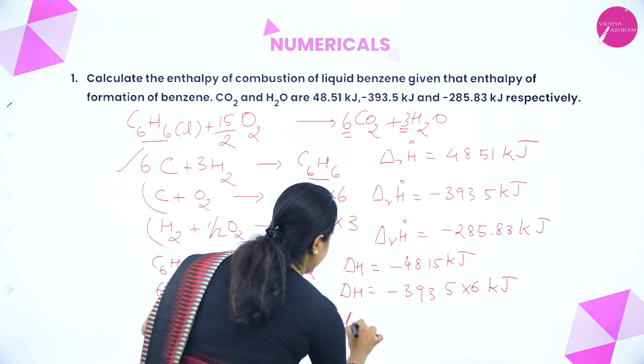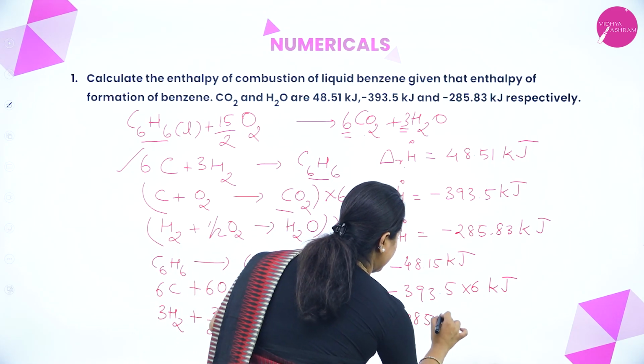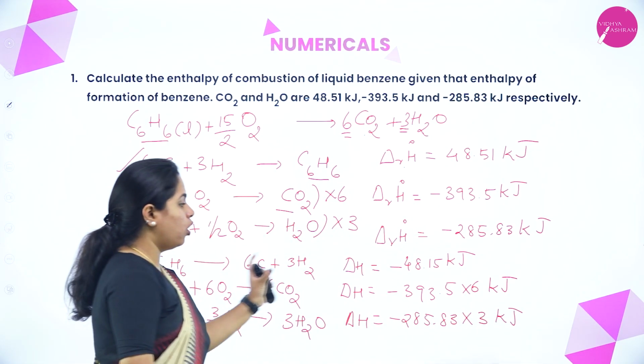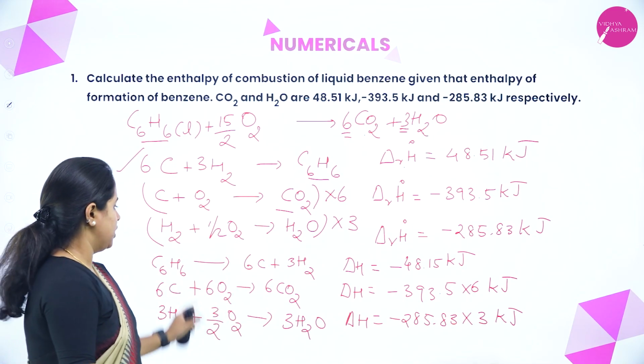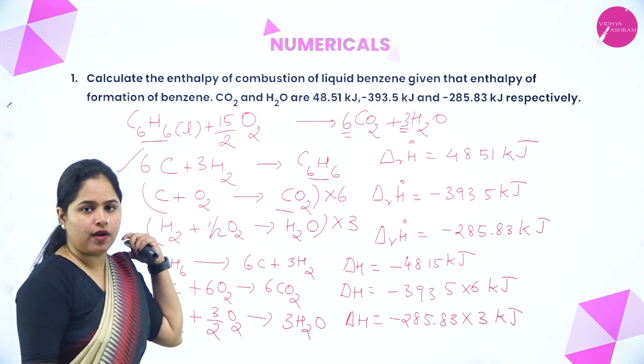So what happens to the enthalpy? Again it is minus 285.83 multiplied by 3 also. So the whole equation you have to multiply by 3. So this is what I have obtained here. So we have reversed it and multiplied with whatever value we require.